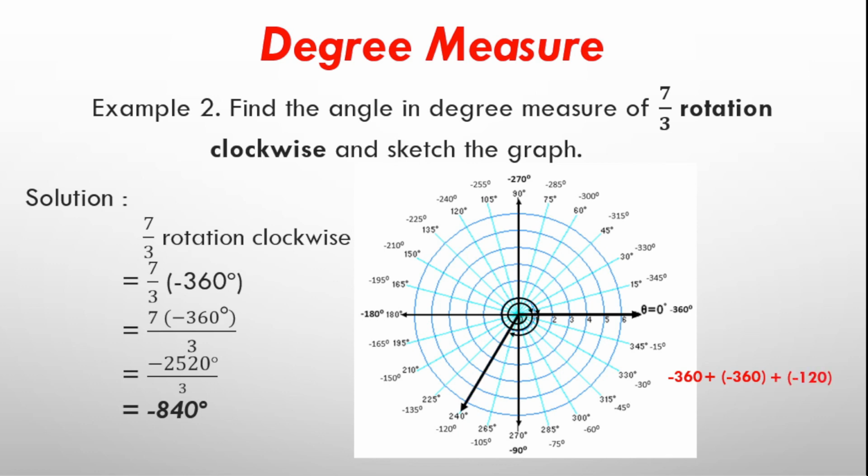We extend our rotation up to negative 120 degrees from the 0 degree to make it negative 840 degrees. So this is now the sketch of the 7/3 rotation, specifically negative 840 degrees.